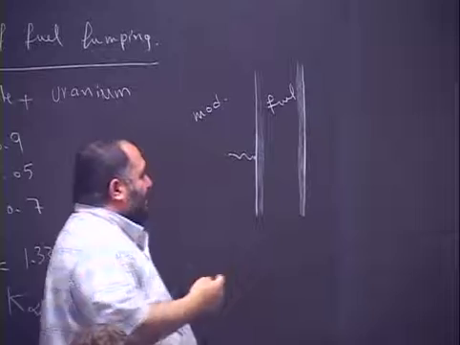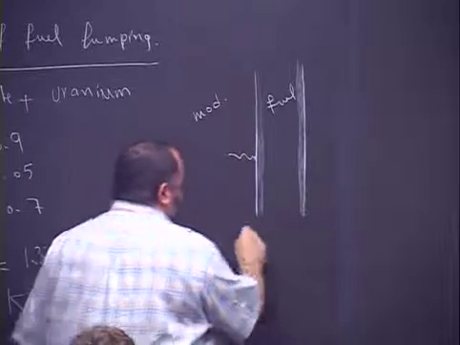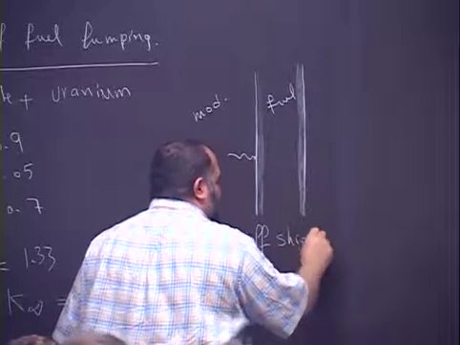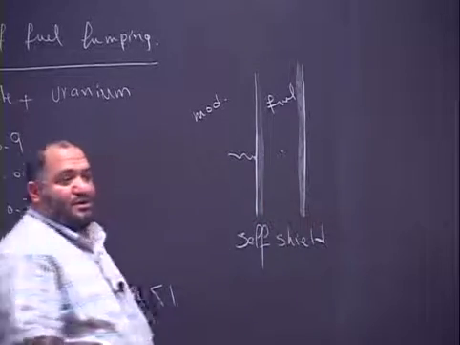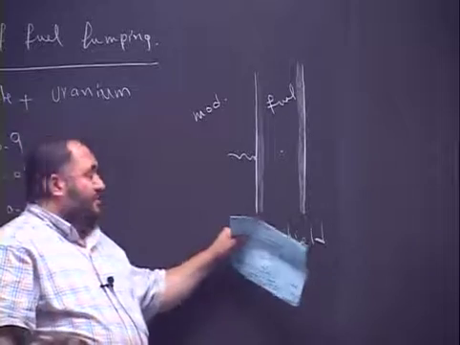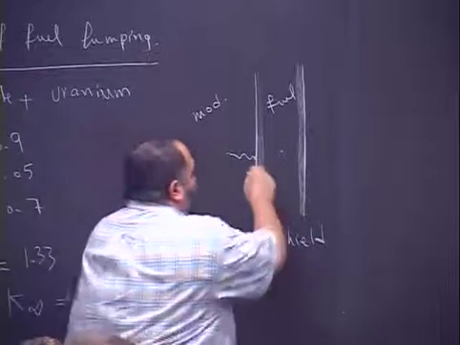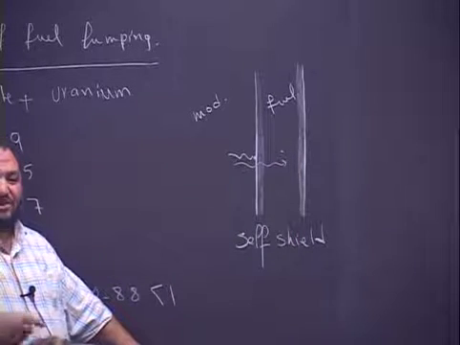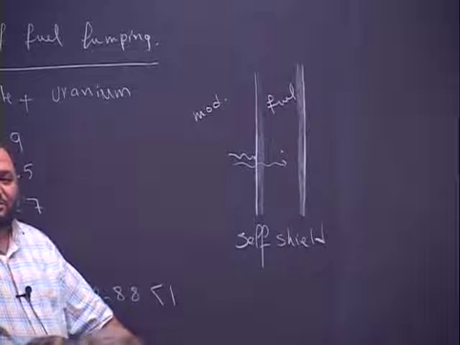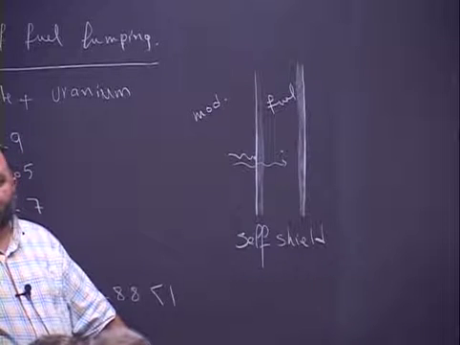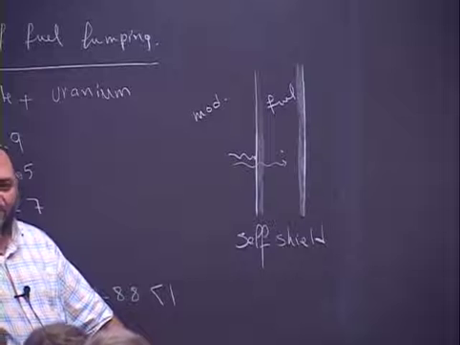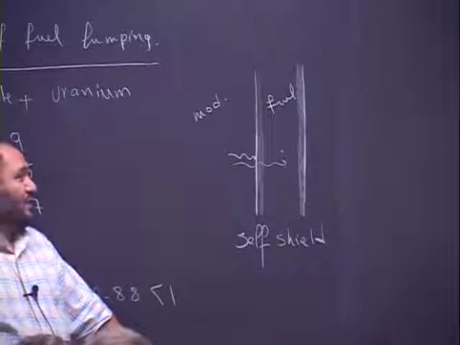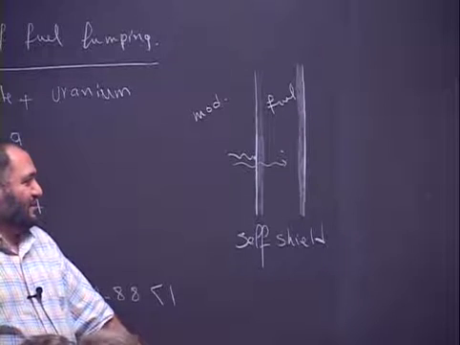So the fuel itself works as a self-shield. You self-shield the interior of the fuel from the neutrons, because the neutrons will not be able to penetrate deep to the center. Yes, a fraction of the neutrons will penetrate into the center, but not all the neutrons that hit the surface of the fuel will be able to penetrate. This is a phenomenon that we call self-shielding.